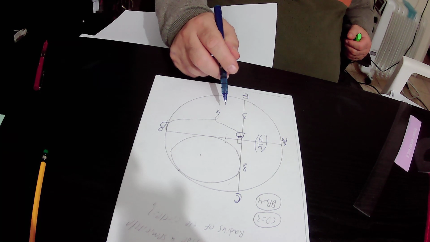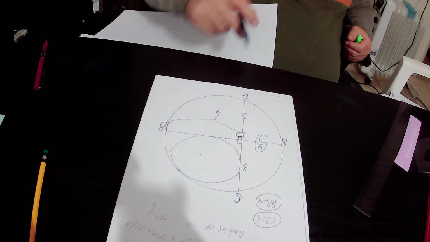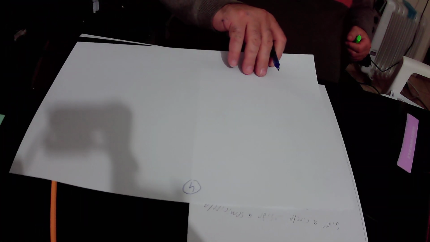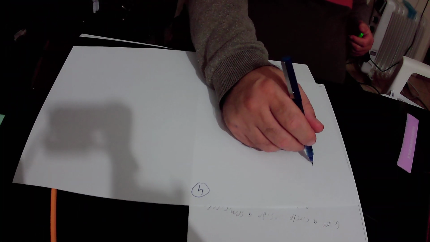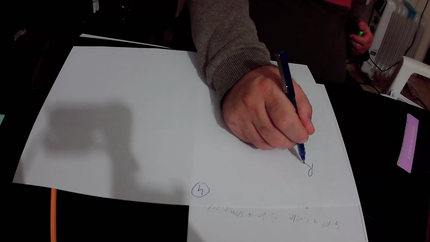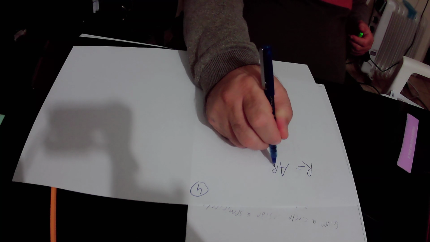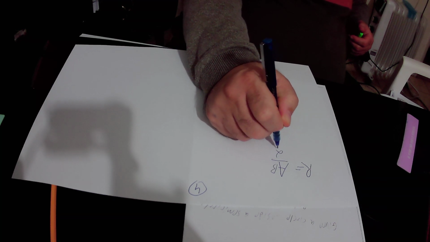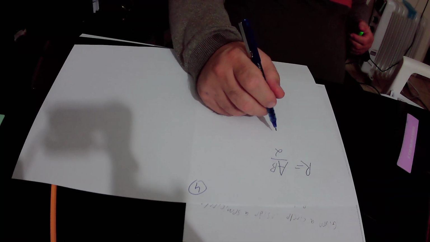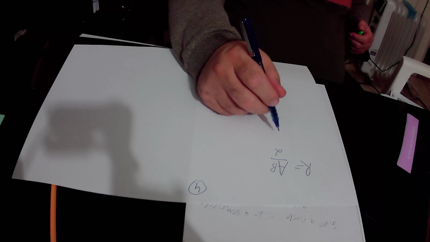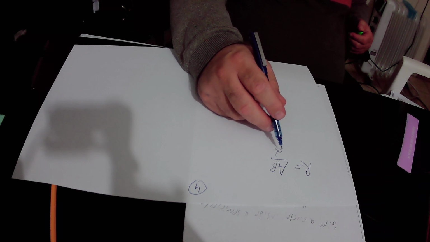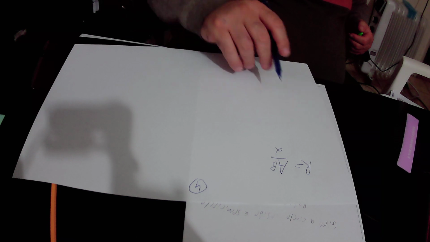We'll define the radius of the big circle as capital R. So R must be equal to the diameter AB over 2, because AB equals 2 times the radius.